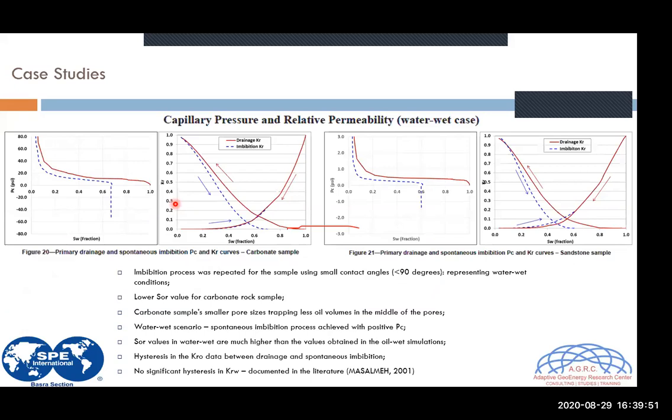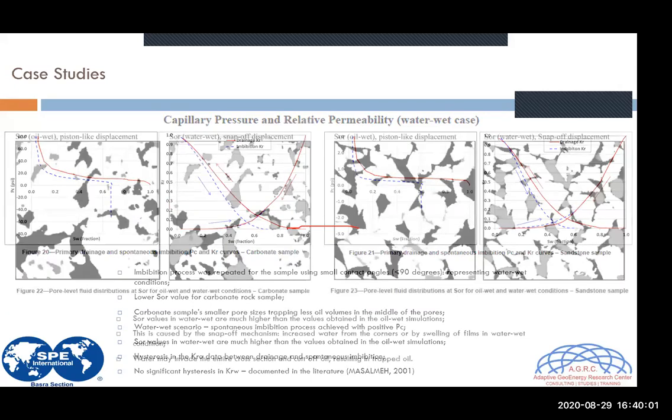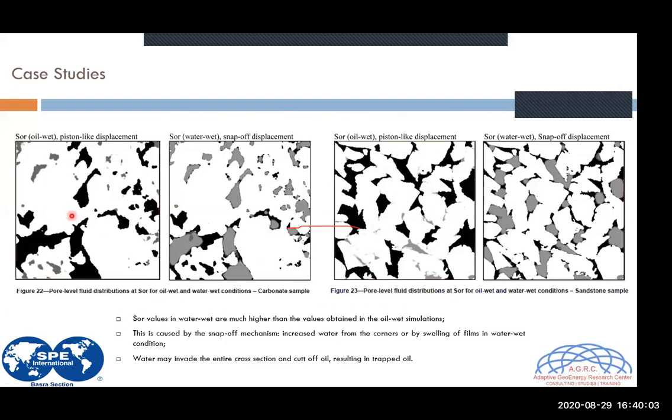And then you can see this change in the pattern of the curves. It was done also in this study to take a look at what's going on from the pore scale perspective. So here, just to give you a really quick overview, we could find this kind of snap-off displacement phenomenon, and then we could compare with the previous scenario. So it's one of the things that the Lattice Boltzmann method can capture.